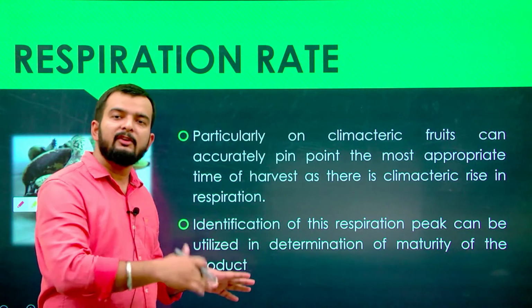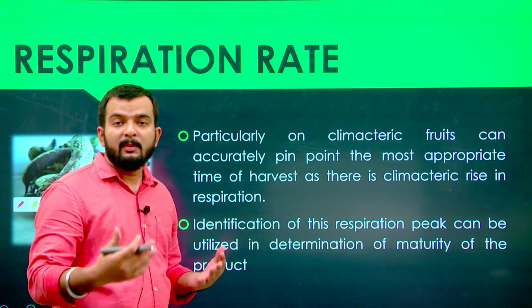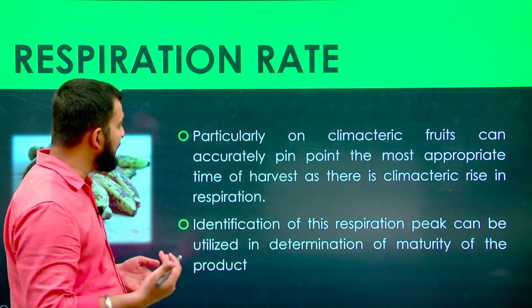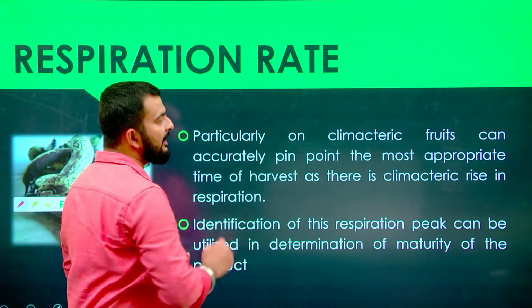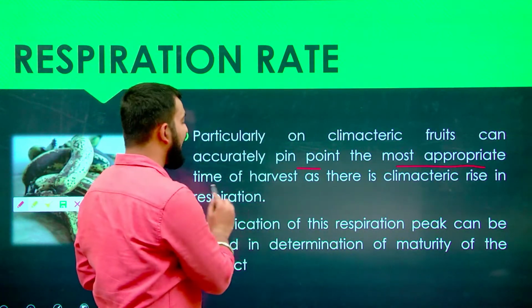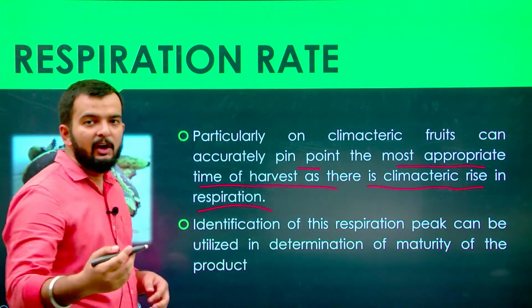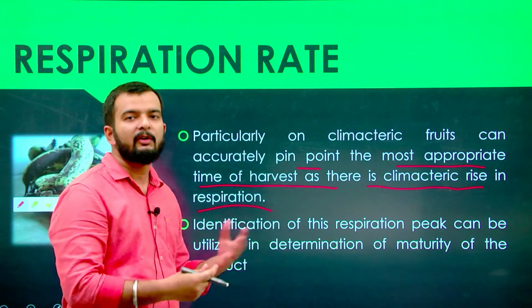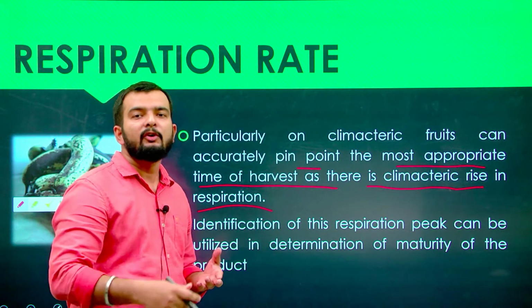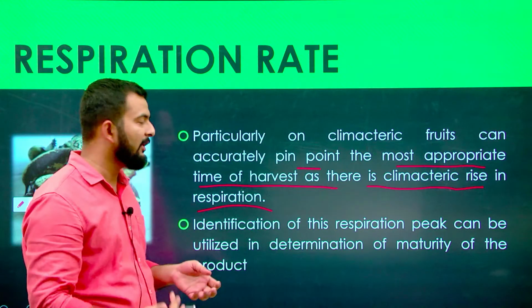So just before that you can harvest your crop in case of climacteric crops, because they can ripen even after detaching from the plants. Particularly, climacteric fruits allow you to accurately pinpoint the most appropriate time of harvest, as there is a climacteric rise in the respiration rate. Respiration, as you already know, is the breakdown of glucose to produce energy, carbon dioxide and water vapor.